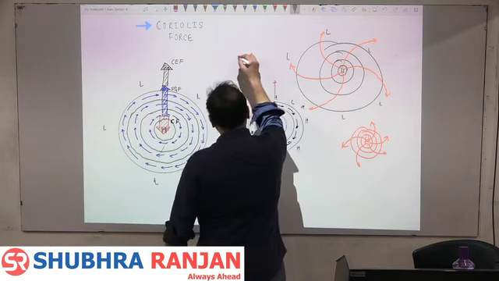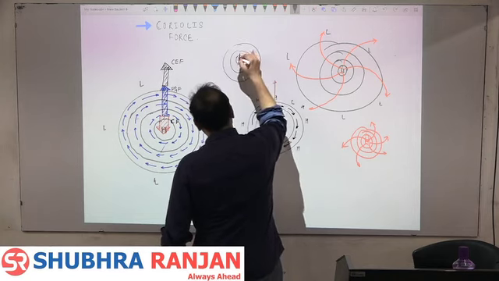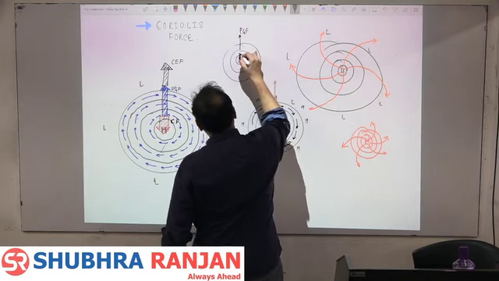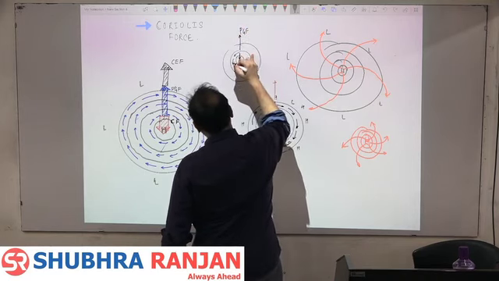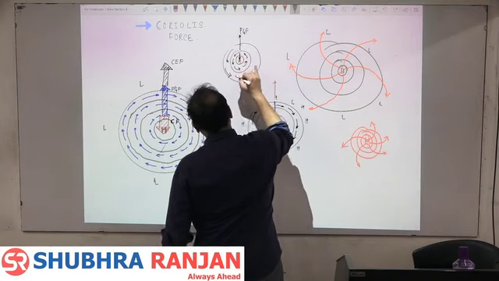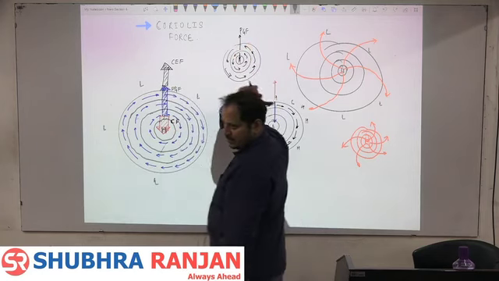Had this been southern hemisphere, Coriolis force acting inwards and pressure gradient force outwards, they would have got deflected to the left, and we would have written anticyclones are anti-clockwise in the southern hemisphere.